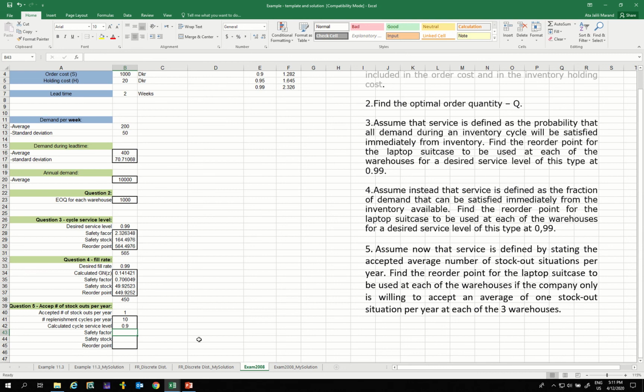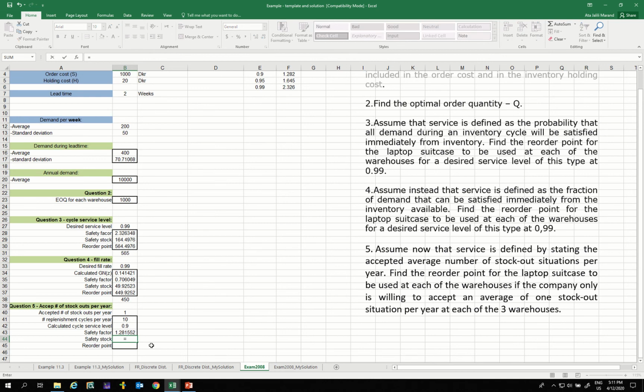So the rest of the calculations is just similar to question 3. We have the cycle service level. We will calculate the corresponding z-score, which is 1.28.